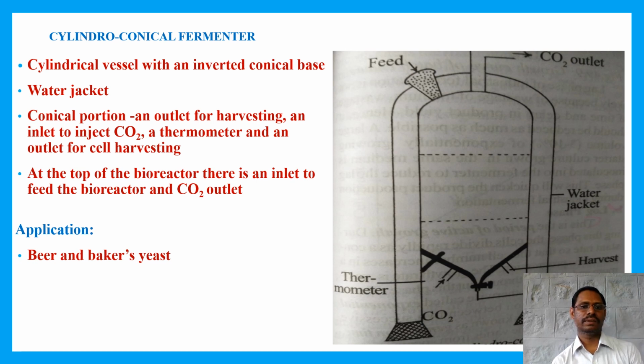Another type of fermenter is the cylindroconical fermenter. It has a cylindrical vessel and an inverted conical base at the bottom. This fermenter also has a water jacket for maintaining the medium temperature, and the inverted conical base has an inlet for carbon dioxide, a thermometer, an outlet for harvested product, and one more cell harvest outlet.